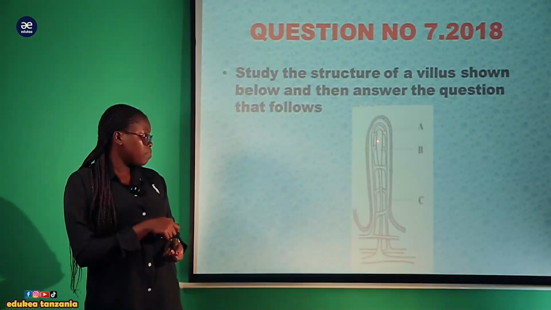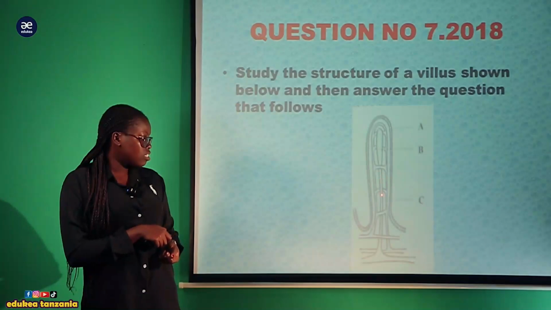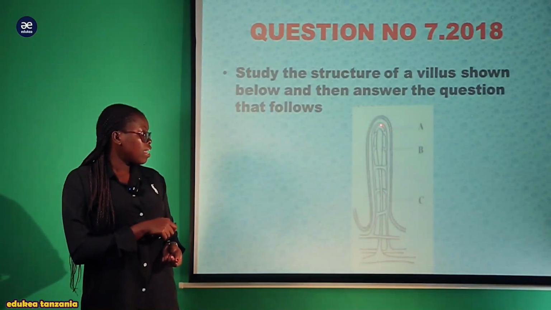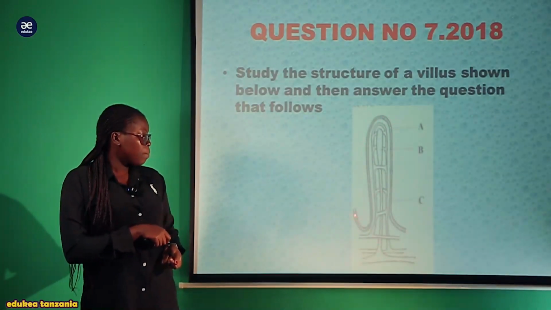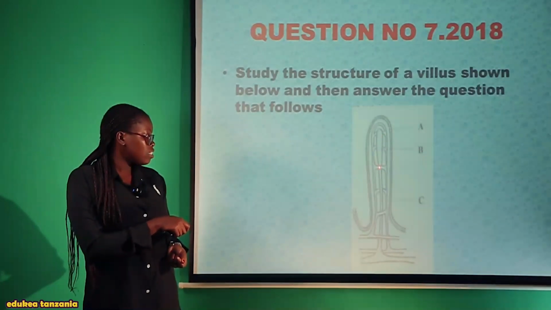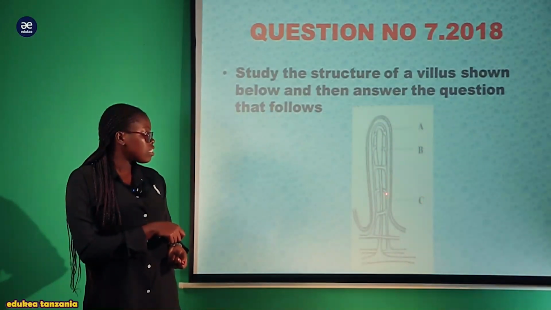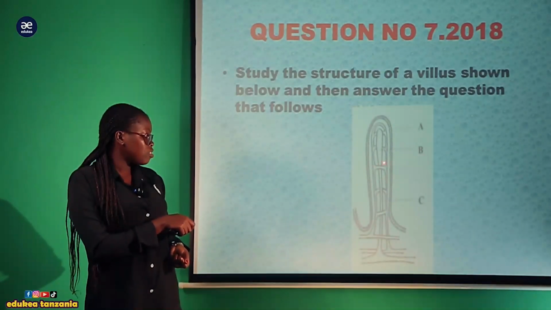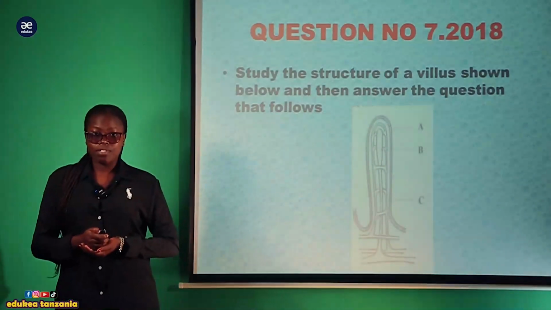B is in this mid part, as you see, this mid part, this is B. A, this is the outer one, hapa ya nje, hapo ndio imeonyesha A. B ni hapa ya ndani ya katikati. Alafu C, these vessels ambazo zimepishana hapo zinarepresent C.